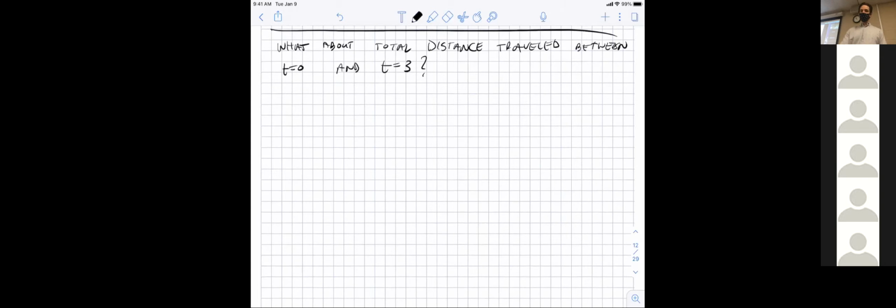What would change? Well, when we were looking at the total distance traveled between t equals 0 and t equals 2, we integrated the absolute value of v between t equals 0 and t equals 2. So what should I do instead if I'm looking for the total distance traveled between t equals 0 and t equals 3?